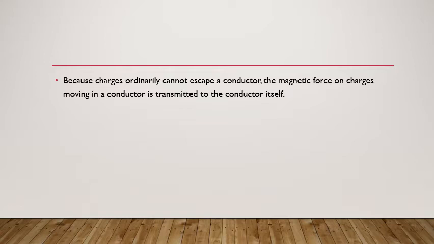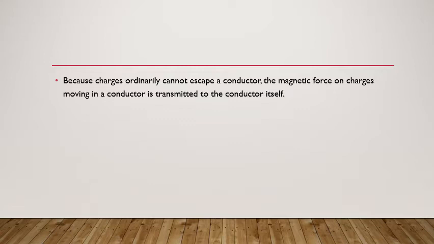So whenever we place a current carrying conductor in a magnetic field, something different happens. Different from the case of only a charged particle, as we have discussed in the class on Lorentz force. Suppose you have only a charged particle and you apply a magnetic field, then the particle may move from one place to another.